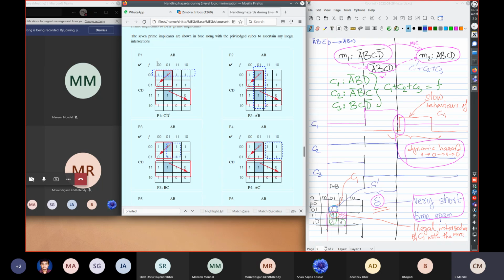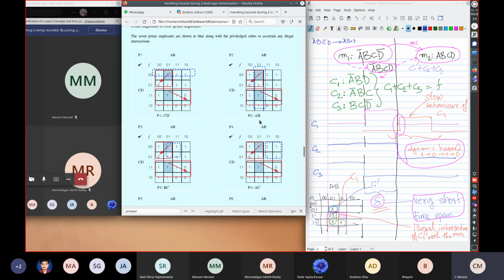So this is one of the bigger cubes that you want to have, right? This is okay. It doesn't foul with this because it doesn't have an illegal intersection, because it includes the starting point. So this cube you can keep. So it's marked with a tick. Then here is another cube.